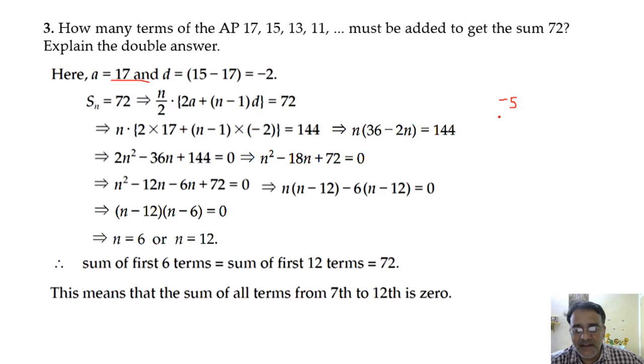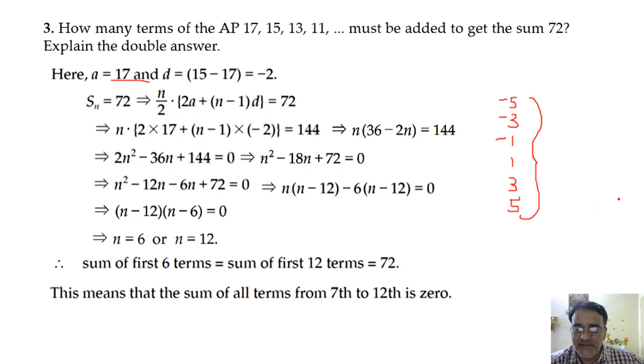Then the 11th term is minus 3, then minus 1, then 1, then 3, then 5. So these are the last 6 terms.